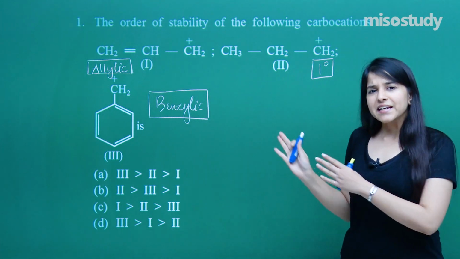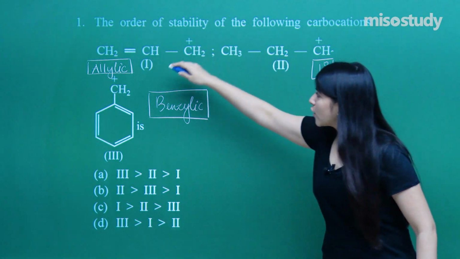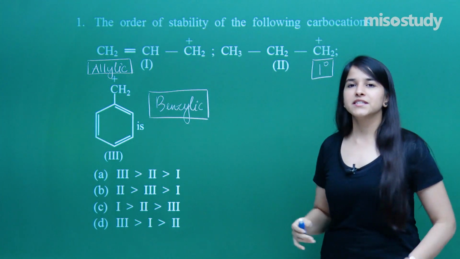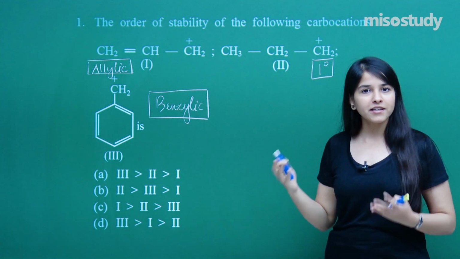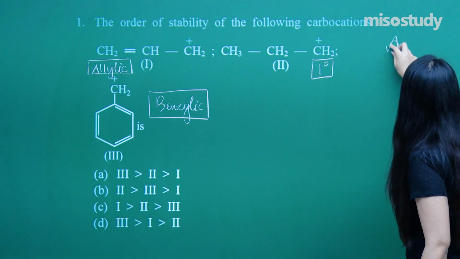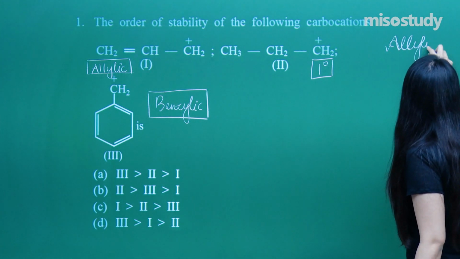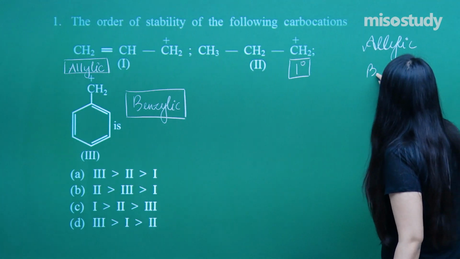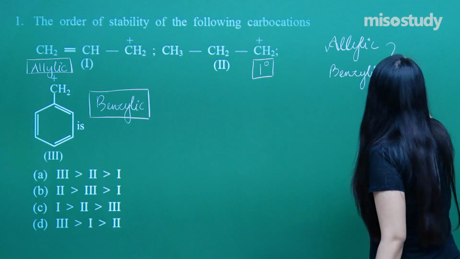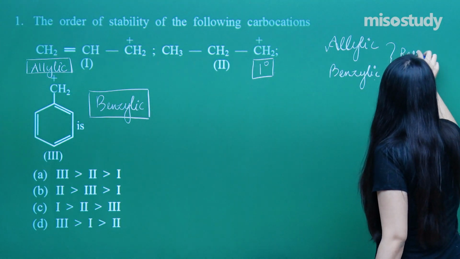You can clearly see that number 1 and number 3, the allylic and the benzylic, are resonance stabilized.